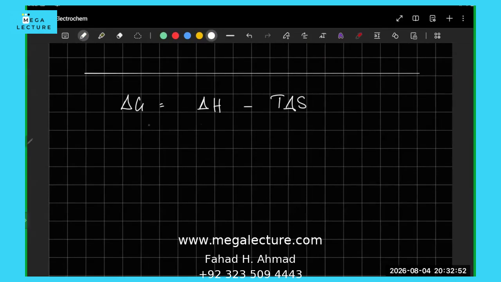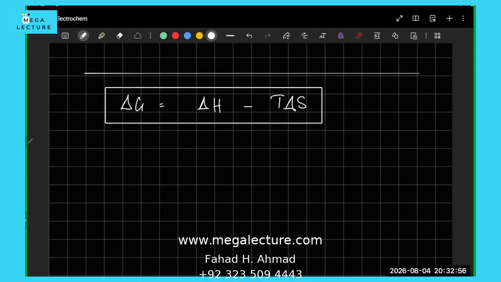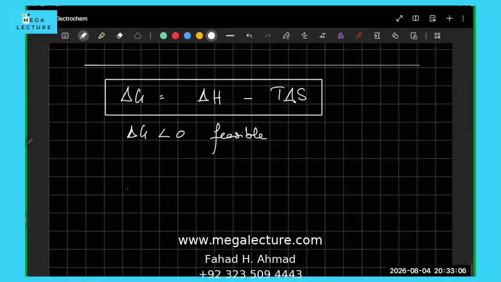We talked about reactions being feasible and not feasible, right? Whenever delta G was less than zero, the reaction was feasible. So there's an equation which is linked with delta G, and that's minus nFE naught cell. Okay, we had a lot of E naught cells.